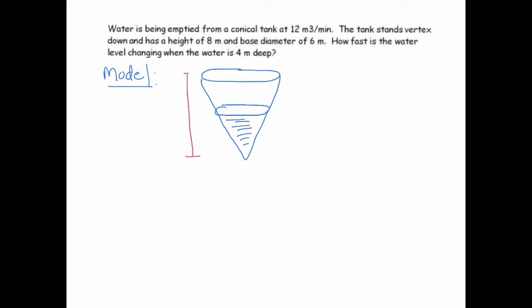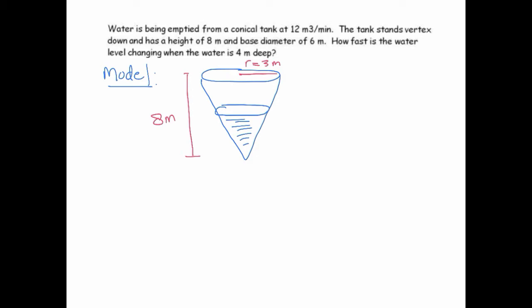The height of this cone, it says, is 8 meters, and the base diameter is 6 meters. I'm going to label the radius because usually the radius is more likely to be involved in any type of formula. All right, so there are the dimensions of my tank, and we're asked to find a rate.